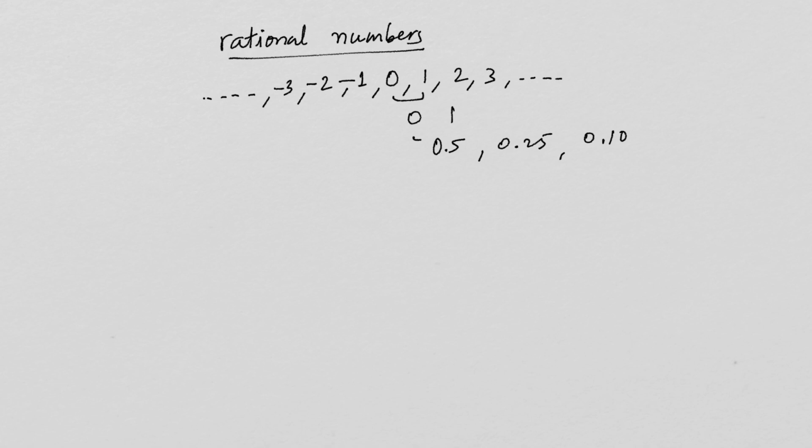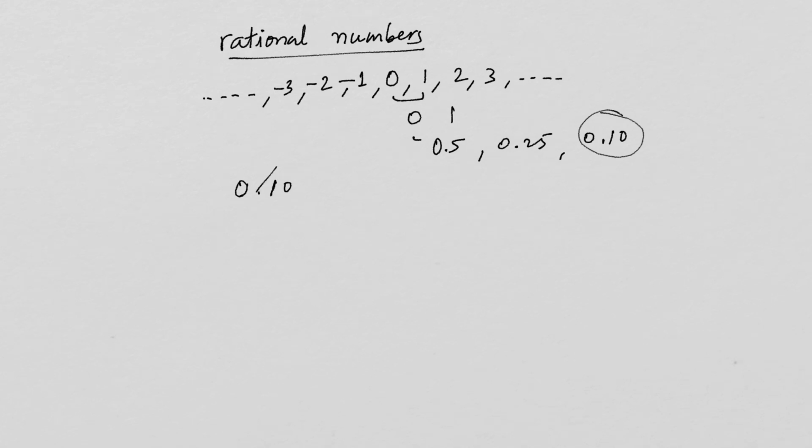So for example, if we take 0.10 here, we call it a rational number. So if we cancel the decimal here, just a moment. So if we cancel the decimal, then what are we left with?